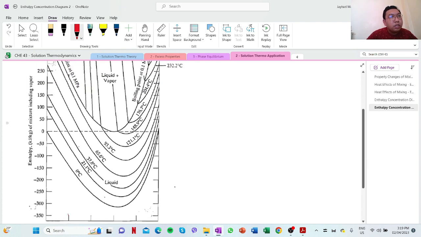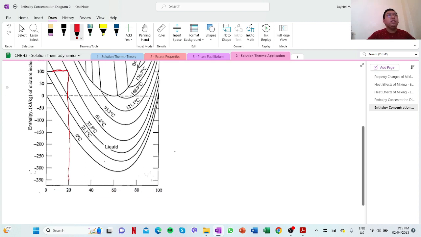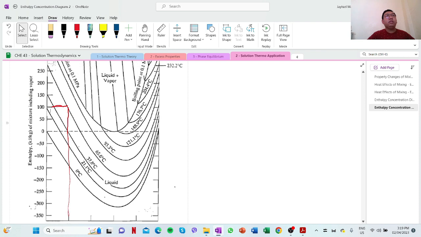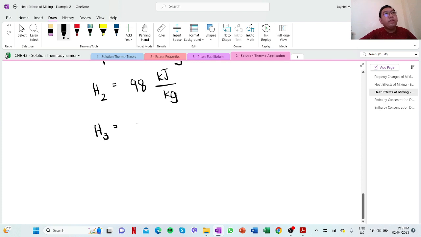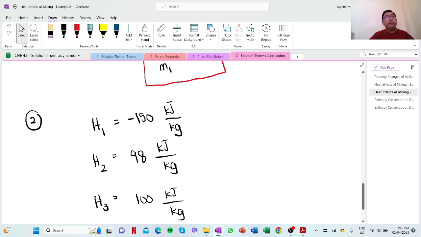I need to stretch this out. More or less 100. I'm not so sure if I got this right. I just use 100, guys. 100 kilojoules per kilogram.